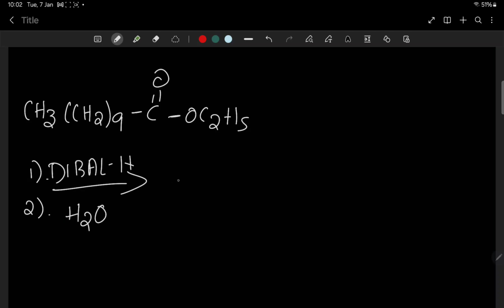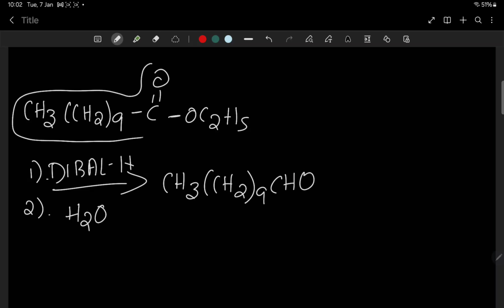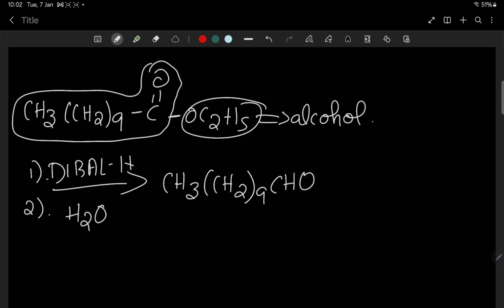What happens? Very simple. We get CH3 CH2 nine times CHO. We get this part as aldehyde and the rest part as alcohol. It's not given in a textbook, but we'll get it as alcohol. So this reaction is also preferable from ester.